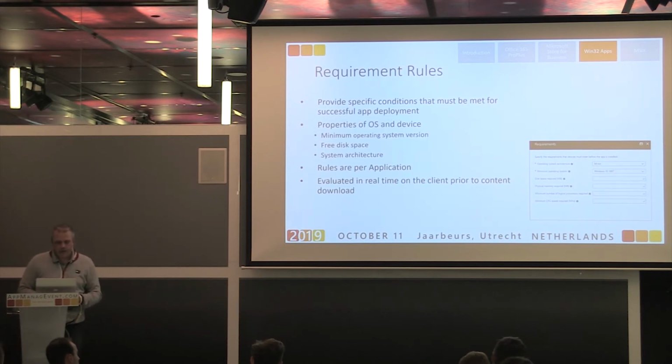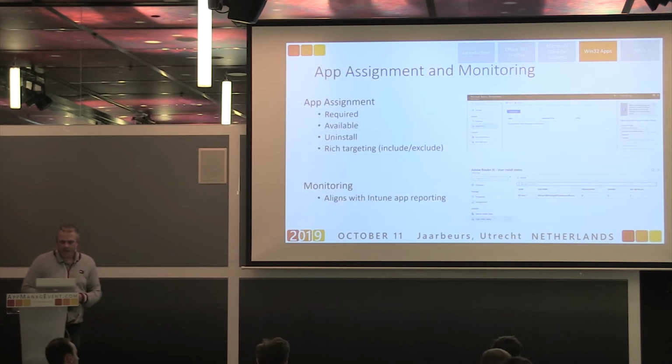Requirement rules: checking which Windows version, if there's enough free disk space, if the system architecture is right, et cetera. And then, of course, app assignment: required, available, uninstall, and with the Azure AD groups, you can include and exclude users and devices.